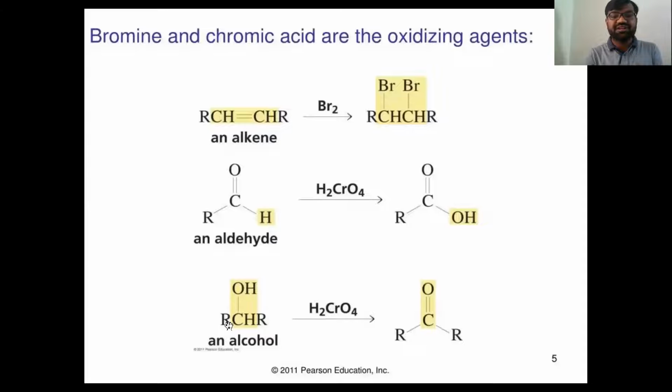Upon oxidation of alcohol, it will form ketone. क्यों? क्योंकि removal of hydrogen is also termed as oxidation. There were two hydrogens, but perchromic acid has removed these two hydrogens. So now it has formed ketone. Removal of hydrogen is termed as oxidation.